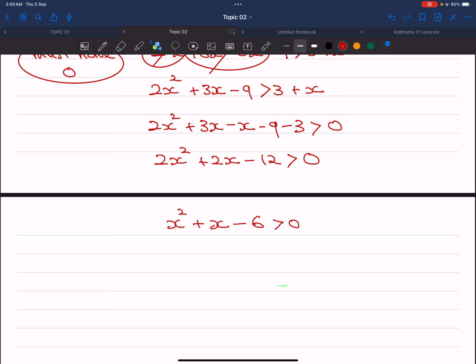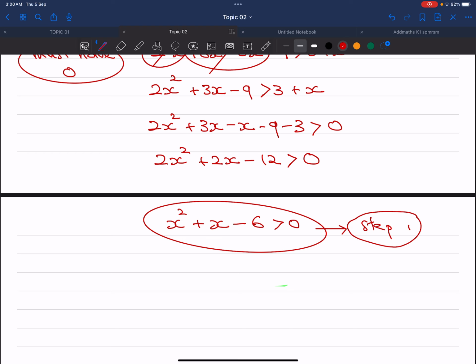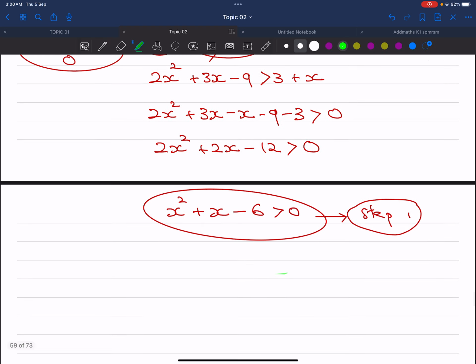I have just completed step 1, whereby I've obtained the 0.